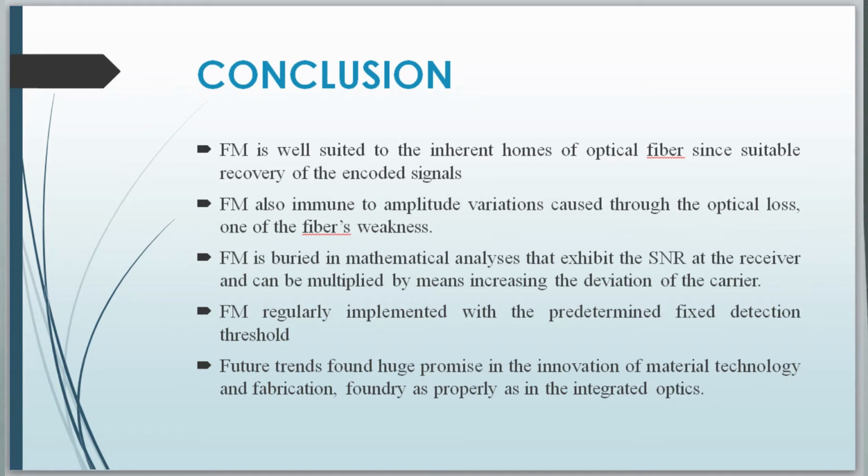The advantage of the FM system is buried in mathematical analysis that shows that the signal to noise ratio at the receiver can be multiplied by increasing the deviation of the carrier. And now, practical OWC systems based on FM are regularly implemented with a predetermined fixed detection threshold.